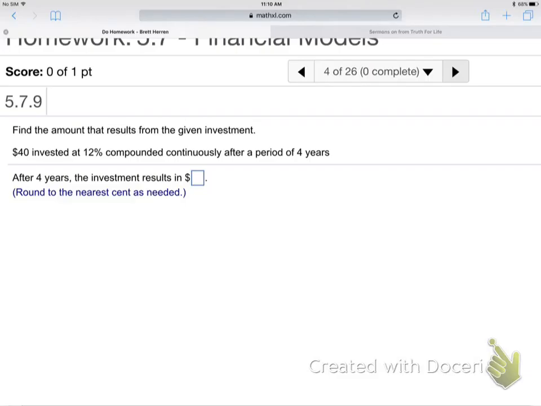All right. Okay, try that one. $40 invested at 12%, compounding continuously, 4 years.